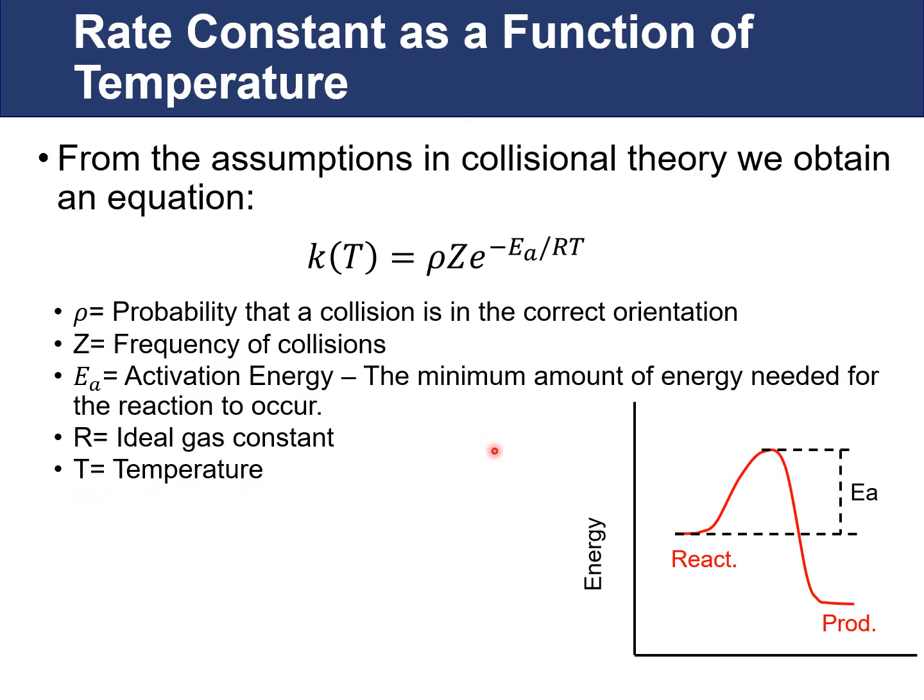Now the activation energy on our potential energy diagram is the difference between the energy of the reactant and the top of what we will call the reaction barrier. This is the amount of energy that it takes to break all the bonds in our reaction.